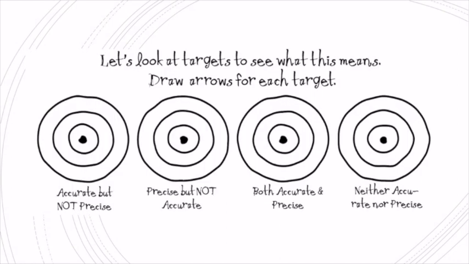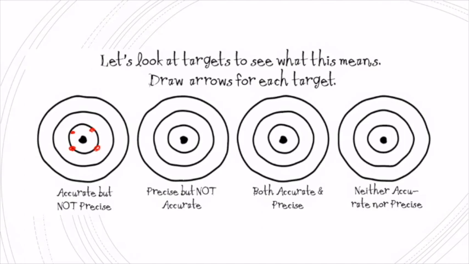So if we look at this target, we can see what this means. If we're looking for something that is accurate but not precise, it might look something like this. It's near the target, but none of the darts would be next to each other.